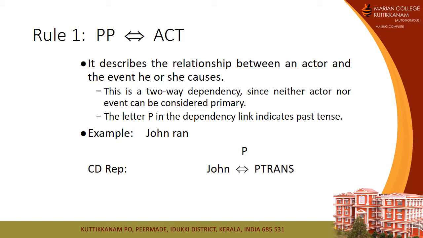John ran, represented with John as the picture producer PP and ran as the primitive act. PTRANS is used there. PTRANS means physical transfer from one location to another location. So John double arrow with P indicates the past tense because John ran. Then ran, the primitive action used, is physical transfer from one location to another location.